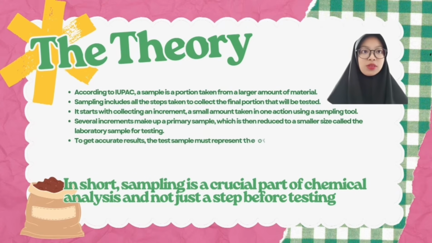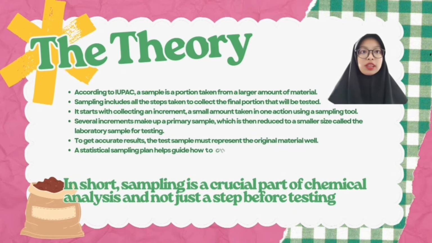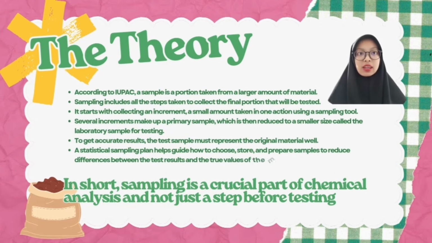It is a small amount taken in one action using a sampling tool. Several increments then make up a primary sample, which is then reduced to a smaller size called the laboratory sample for testing. To get accurate results, the test sample must represent the original material well.